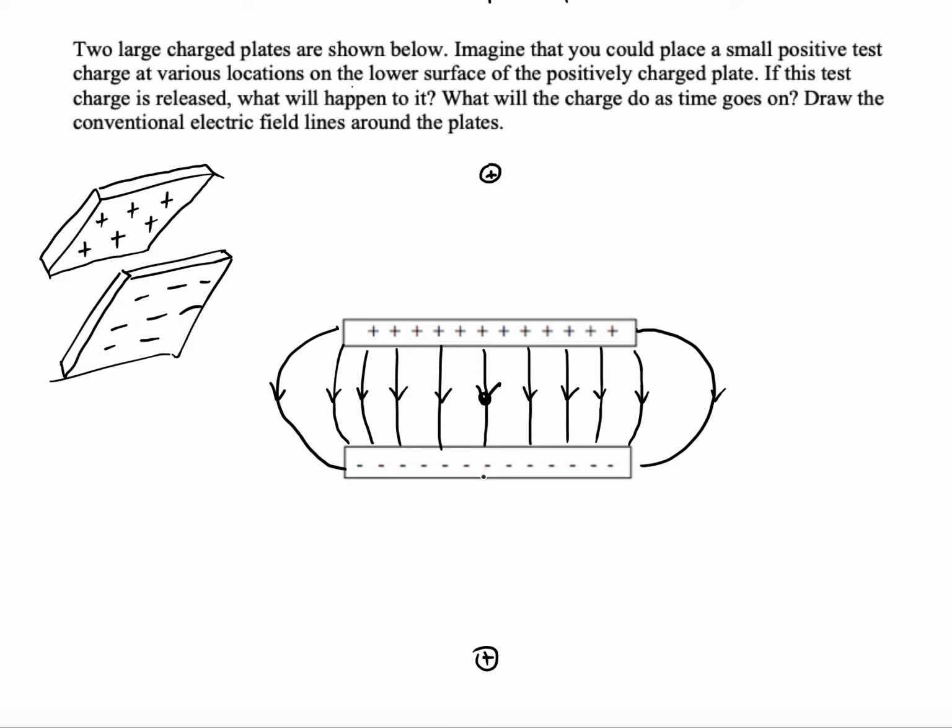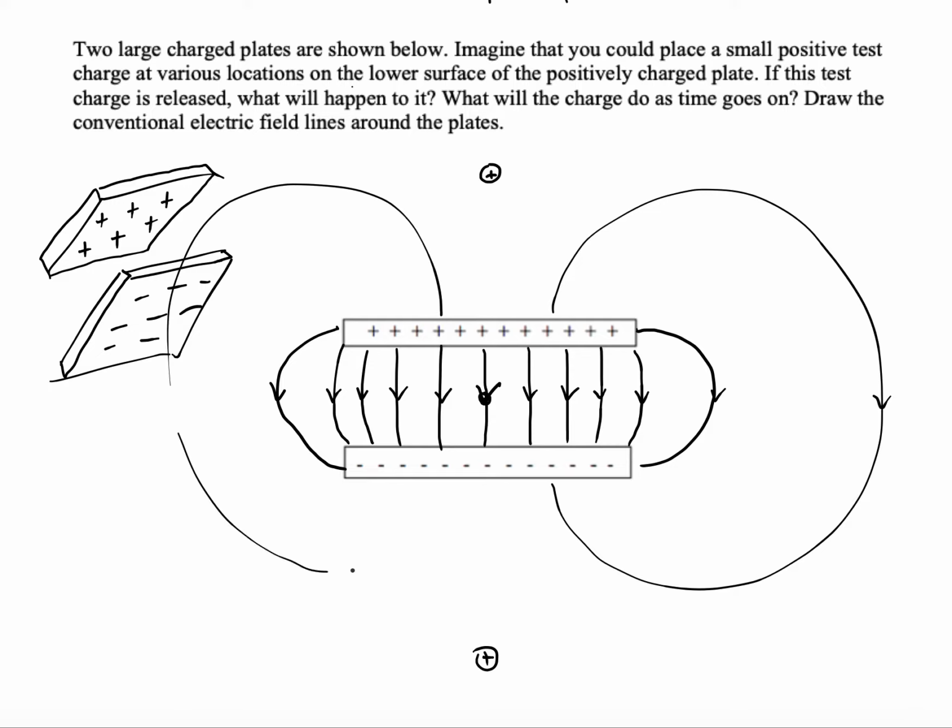You'd be a little bit more attracted to the negative plate than you would be repelled by that positive plate. But the field is very weak out there. We could draw maybe just a couple lines. There we go.